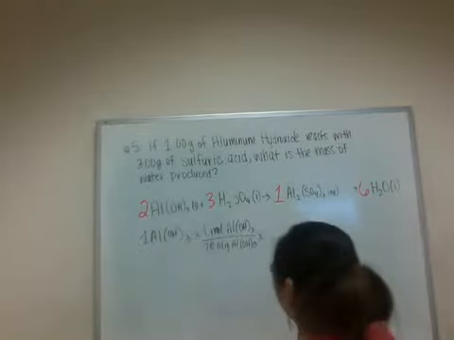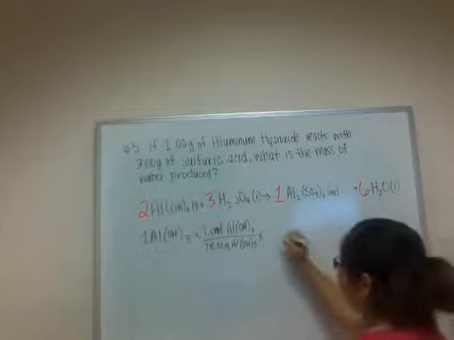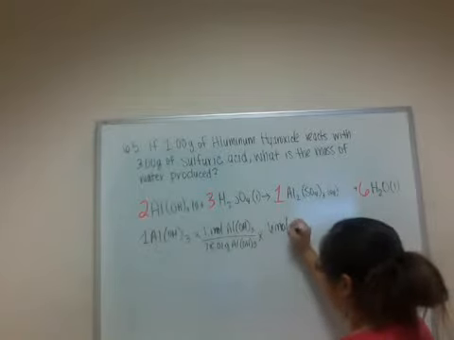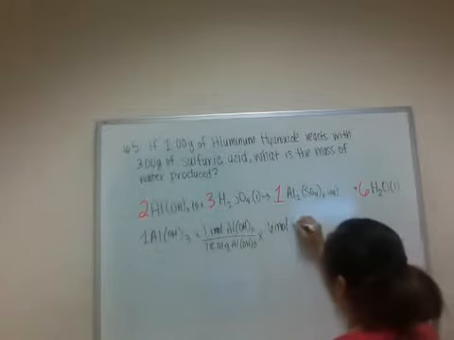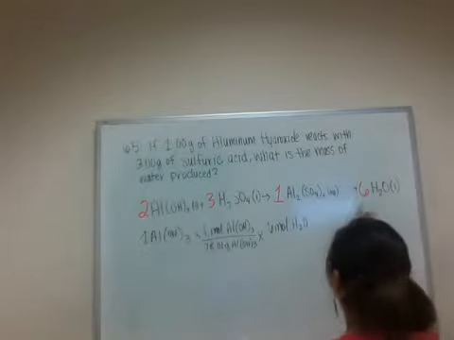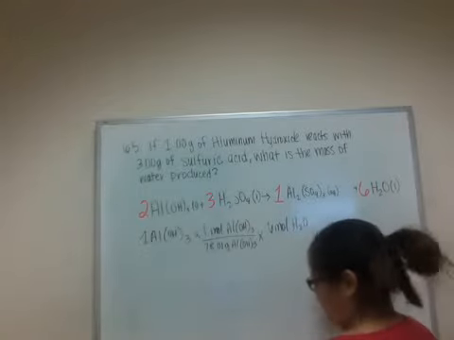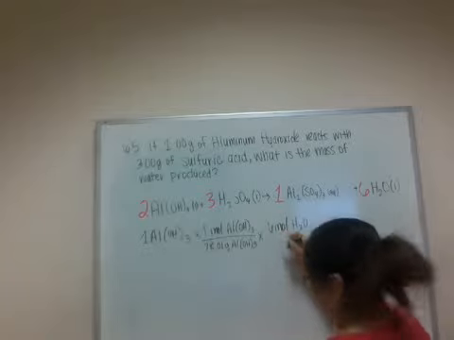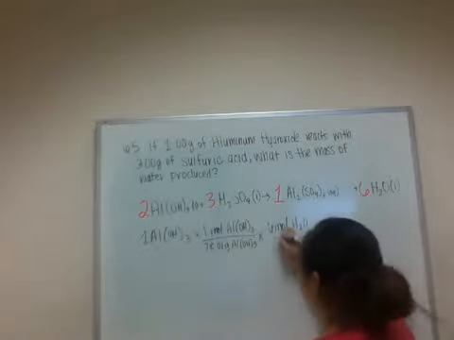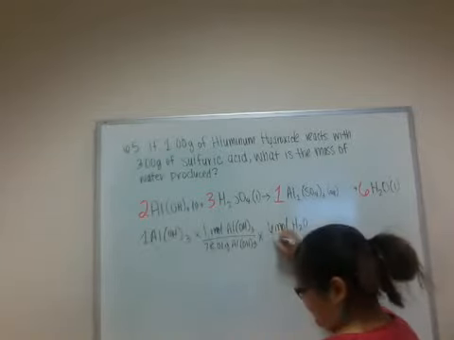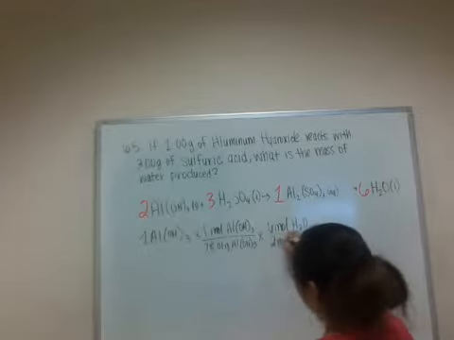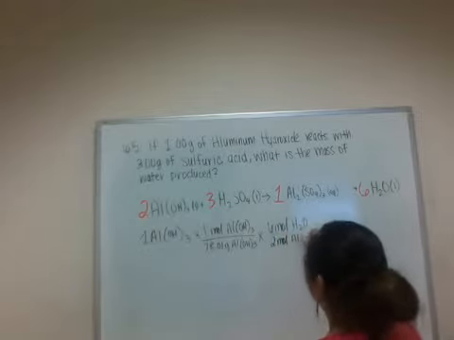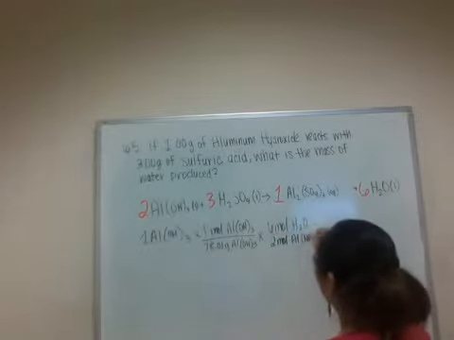Okay, so now we continue on with the ratio. Your ratio is 6 moles of H2O, which you get from your balanced equation, over 2 moles of your AlOH3 molecule.